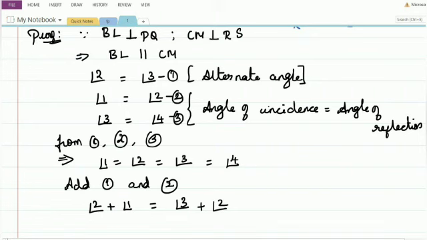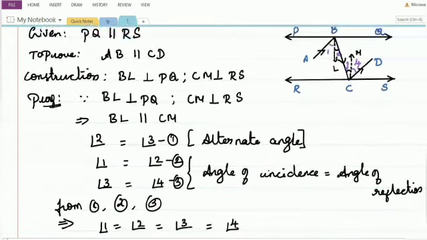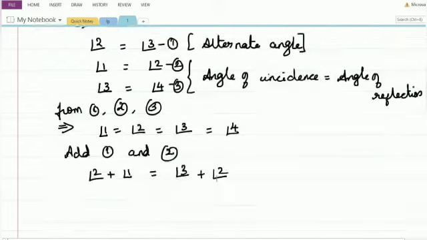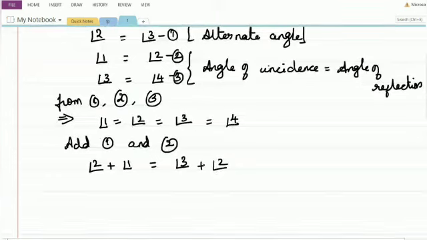Now look into the diagram again. On this side, ABC is 1 plus 2. BCD is 3 plus 4. Since all the angles are equal, I am going to replace angle 2 by 4, because 2 is equal to 3, 3 is equal to 4.